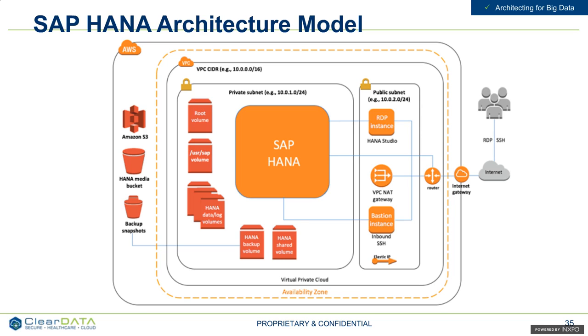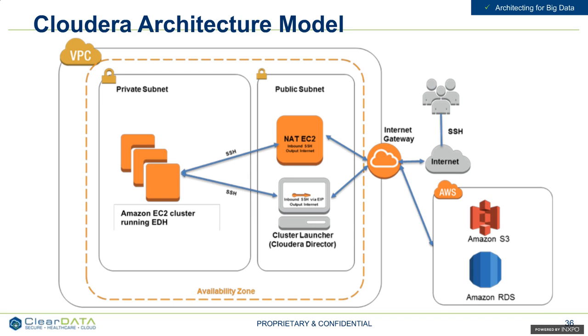If you look at ClearDATA, which is a Hadoop distribution, they use more of a horizontal scaling model. This model allows them to distribute scale across multiple availability zones in that accordion style model. They use a private subnet cluster topology, which launches the cluster launcher instance, which is in the public subnet.